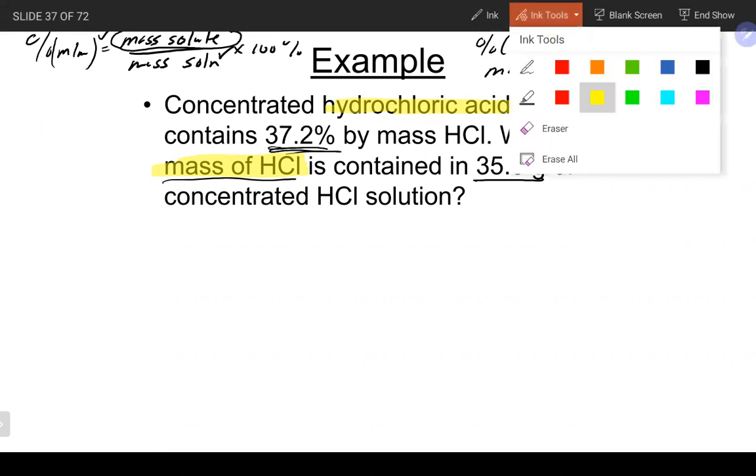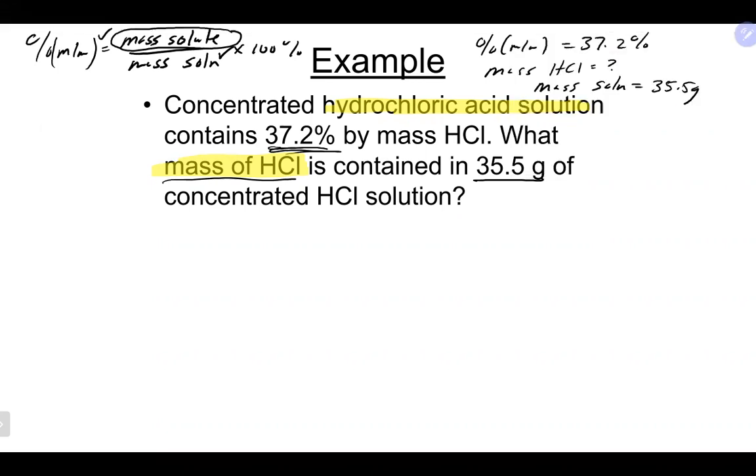So you have a couple of ways you can solve it. You literally could just plug and chug into that equation. You alternatively could take the percentage and turn it into a conversion factor. So that's what I'm going to do. I'm going to take a more dimensional analysis approach. So that 37.2% means I have 37.2 grams of HCl in 100 grams of solution.